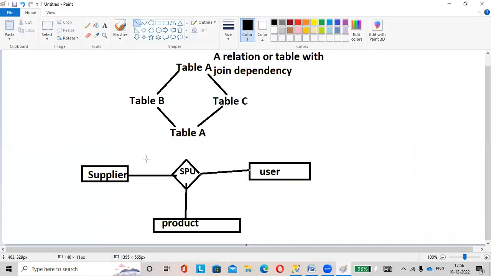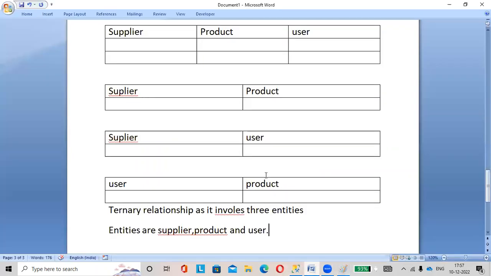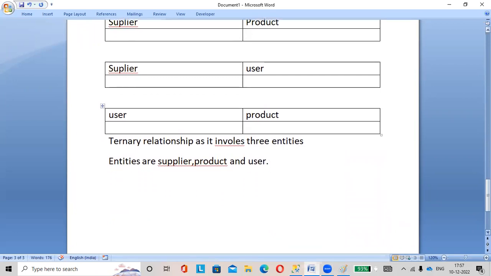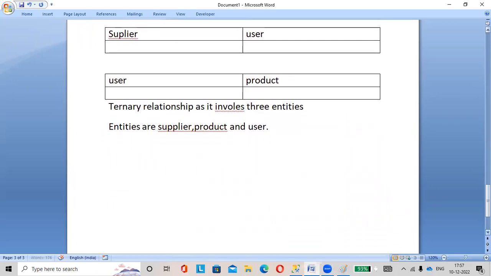From supplier, user is buying the product. Supplier is selling the product. Then user is using the product. This is about fifth normal form. Is it clear? Yes. The next we'll study about DCL commands, grant and revoke.